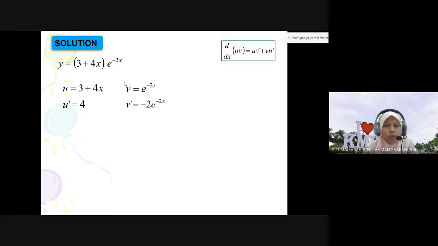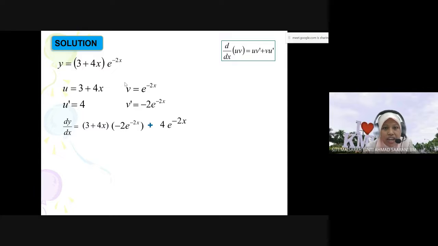Alright, so then we apply the product rule. We substitute into the product rule formula. We get dy dx equals 3 plus 4x multiply negative 2e negative 2x. This is uv prime plus vu prime, 4e negative 2x.